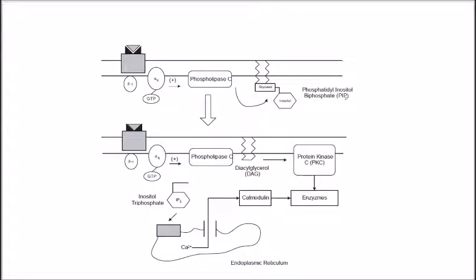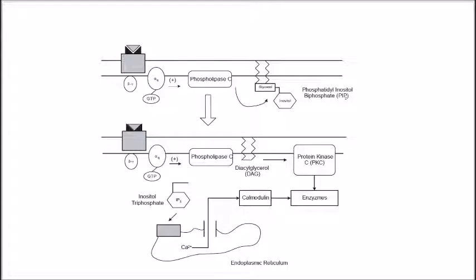Now, the adenyl cyclase is one major system. The second major system is the PIP2, or phosphatidylinositol biphosphate system. Here you see that the alpha subunit of the G protein is an alpha sub Q unit.